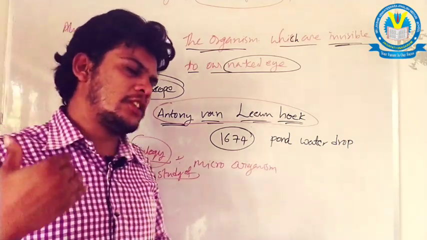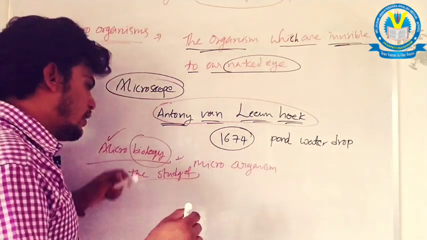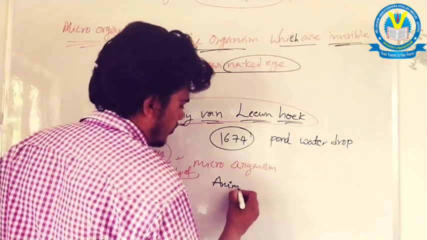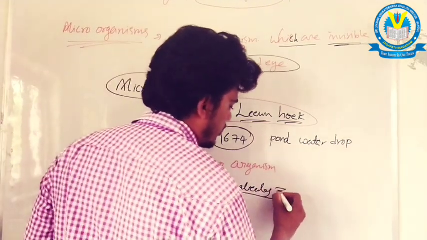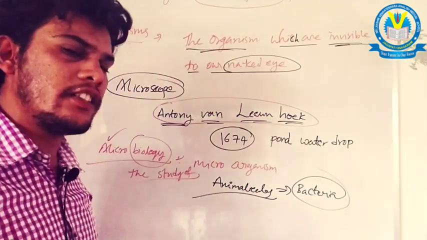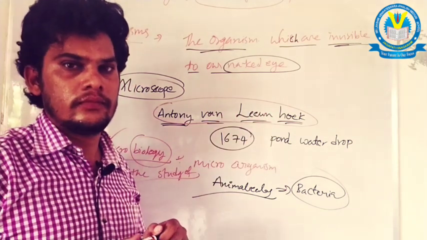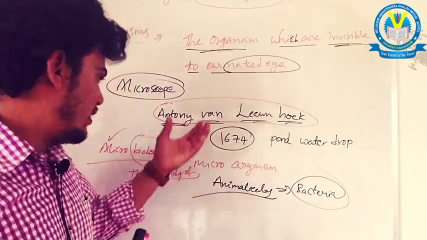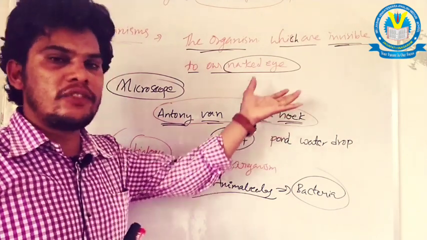By doing experiments and observing microorganisms continuously, he found a microorganism and named it an animalcule. These animalcules were later named bacteria. So bacteria is the first microorganism found by Antony van Leeuwenhoek. He is called the father of microbiology because the study of microorganisms started with his observations and discoveries.